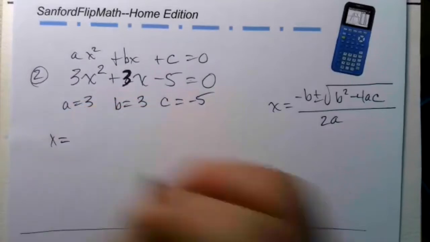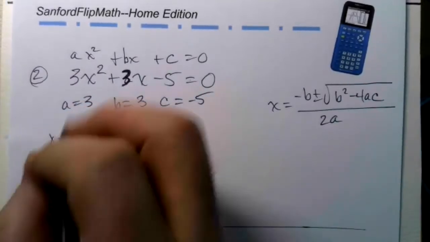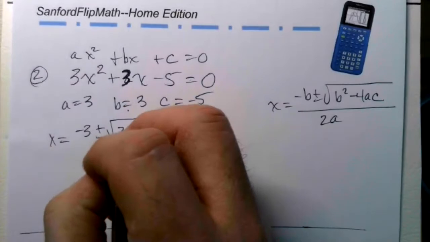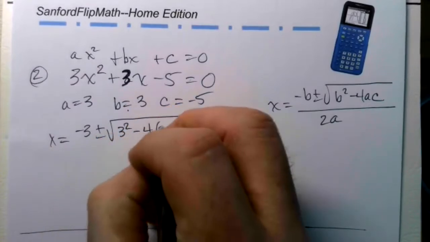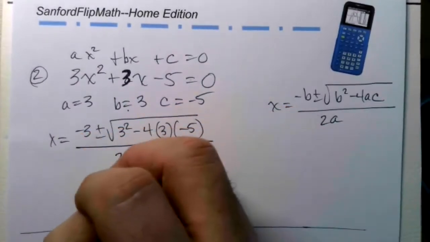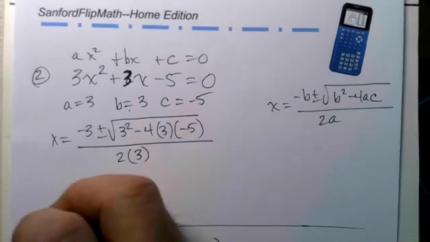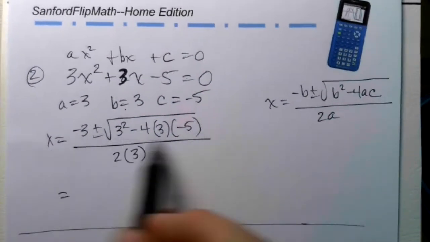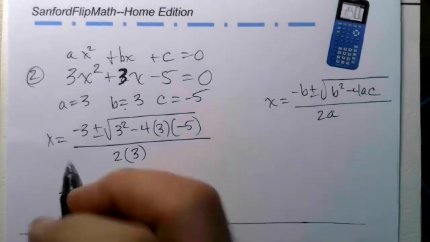So x equals negative b, so negative 3 plus or minus the square root of b squared minus 4ac all over 2a. Super easy to make sign errors in here, so please, please, please be careful.